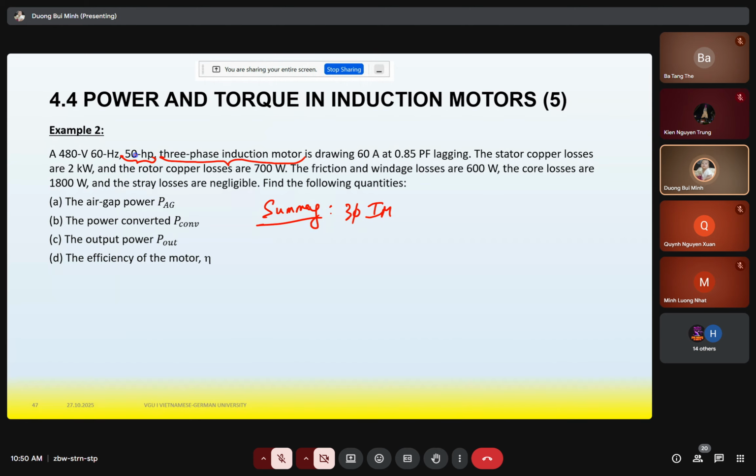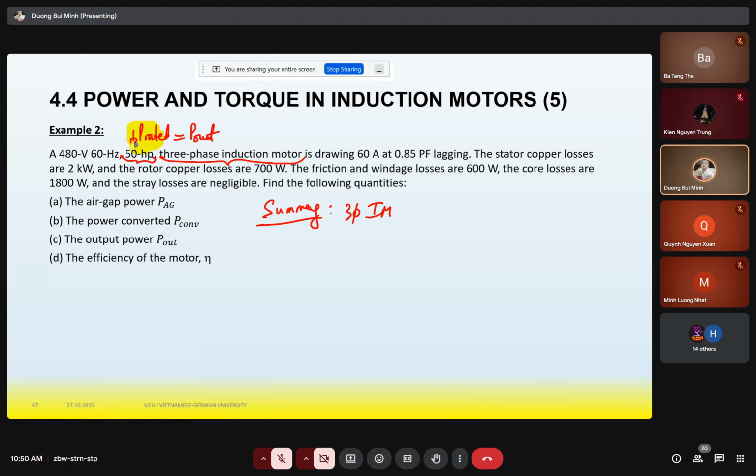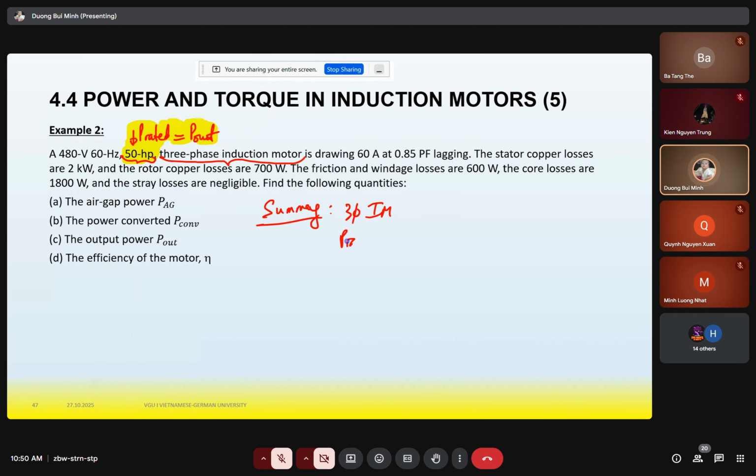The second thing we need to consider is power. Here they give us 50 HP, so this is the rated power, right? And I mentioned before, rated power is always output power. Again, this is the key point. Otherwise it is very dangerous, because if you misunderstand the question, you get wrong answers. So again, the rated power is always the output power. Here the output power equals 50 HP.